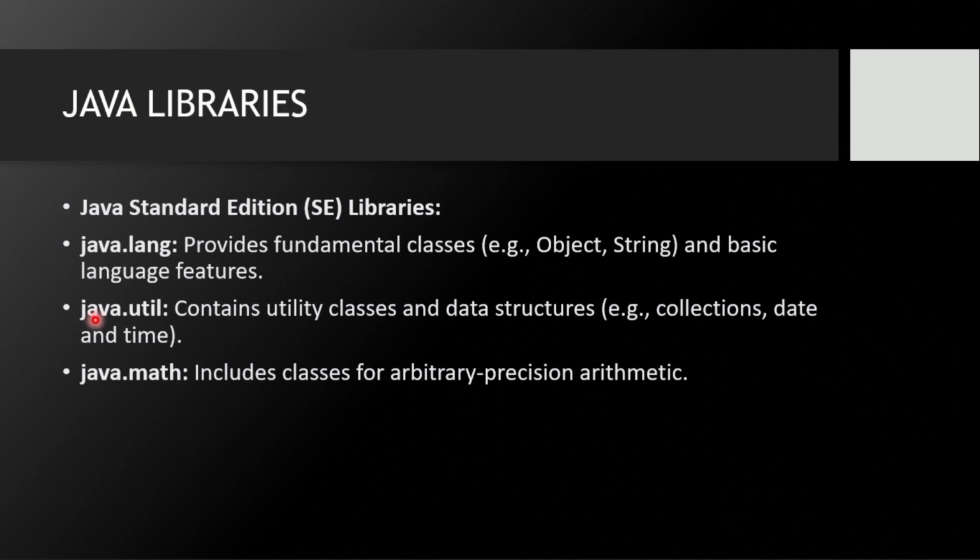And java.util is the most important one that we're going to use throughout everything here, and contains utility classes and data structures like collections, date and time, and so on. Then java.math includes classes for arbitrary precision arithmetic. You can use arithmetic operations, but there is a math class embedded within the Java Development Kit that is used for precision mathematics.